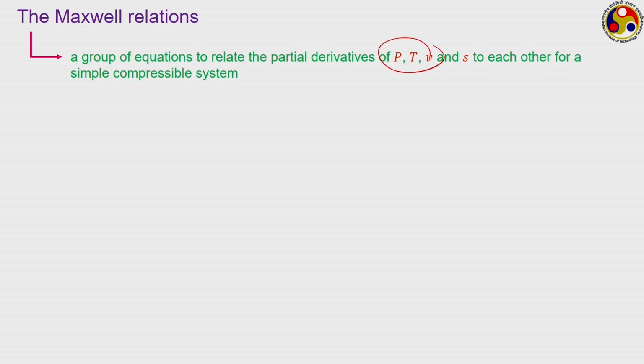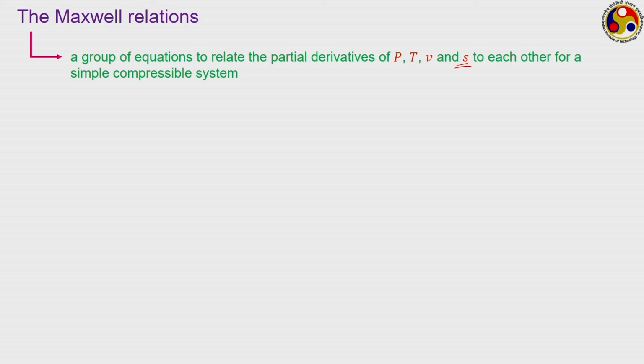For most situations, using simple instruments, we can measure each of the three. However, entropy is the one that we can't measure, that is only a theoretical definition. So, Maxwell's relations provide an option to relate the change in entropy in terms of the changes in these three quantities by relating the partial derivatives of these four quantities.